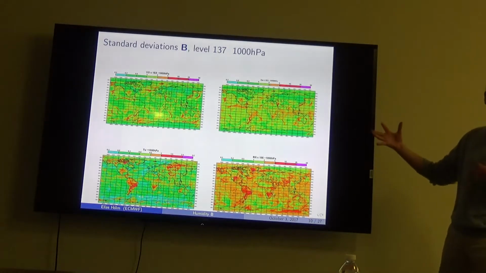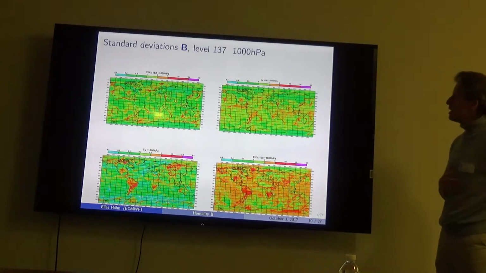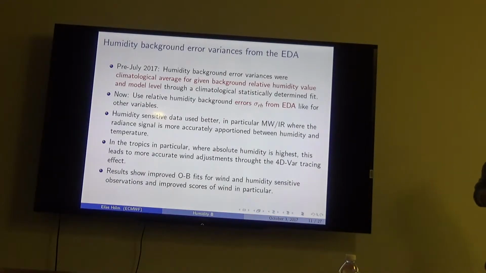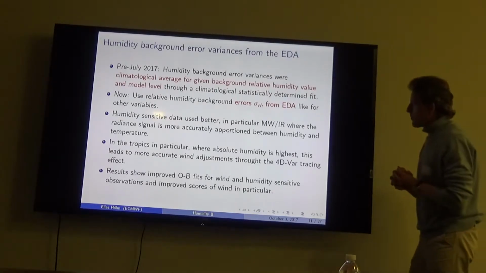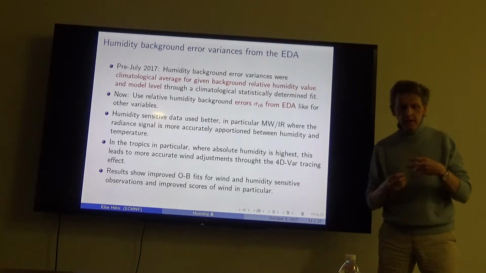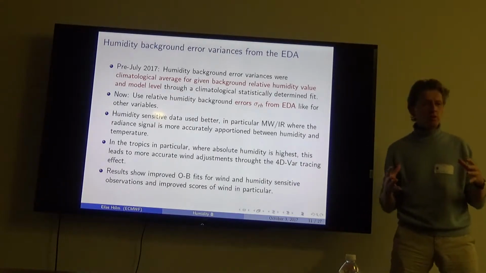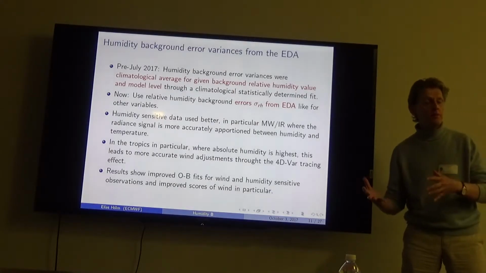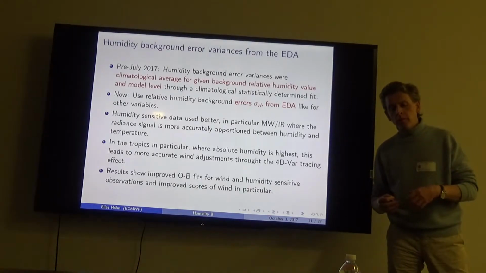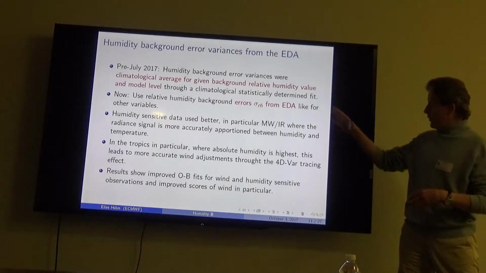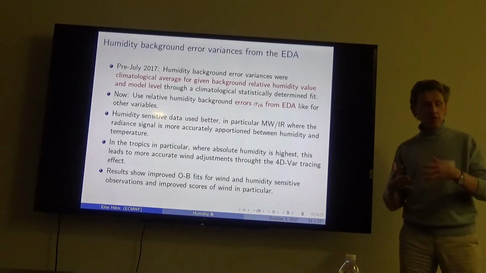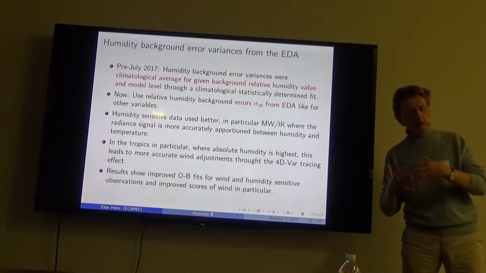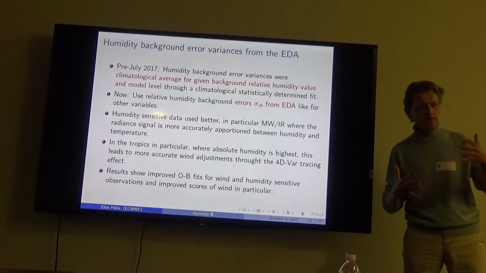Let's now look at the humidity in more detail. So humidity background errors, there's a bit of story to this. The length scales and correlation matrices we have been using for the humidity since we started using the EDA. But for the variances, we were a bit conservative, and we were only bringing the variance in step by step.